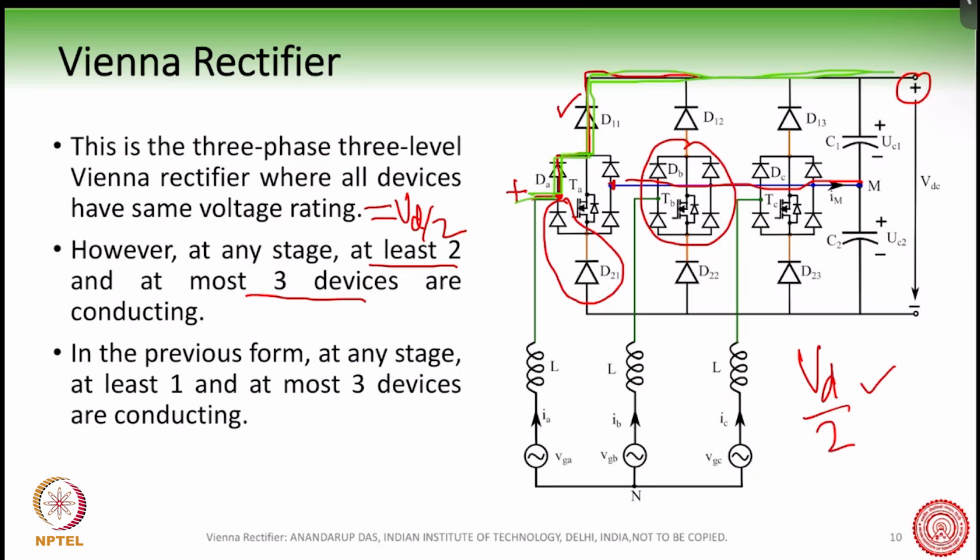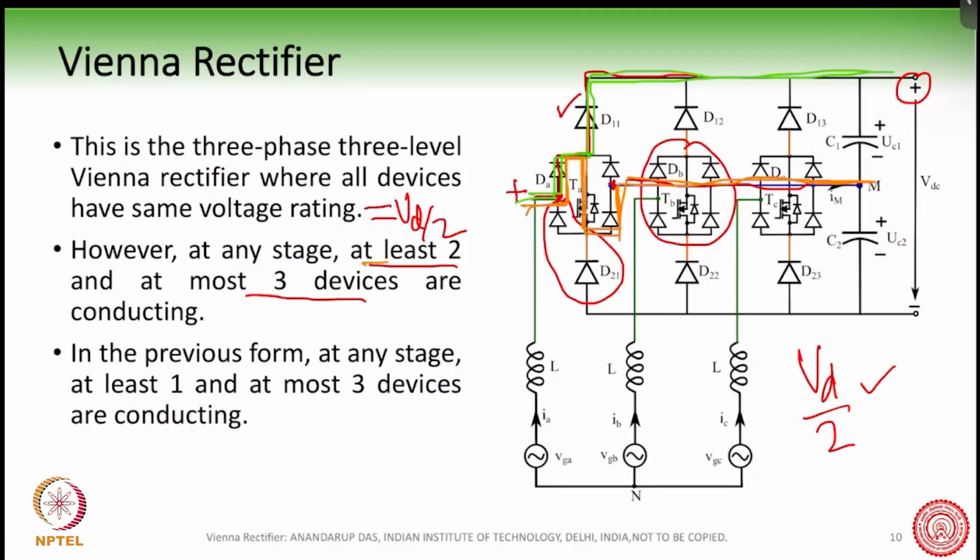So this is how the devices will be conducting. Whereas sometimes three devices will be conducting. Suppose under this condition, the way I am drawing now, the orange waveform, three devices are conducting.